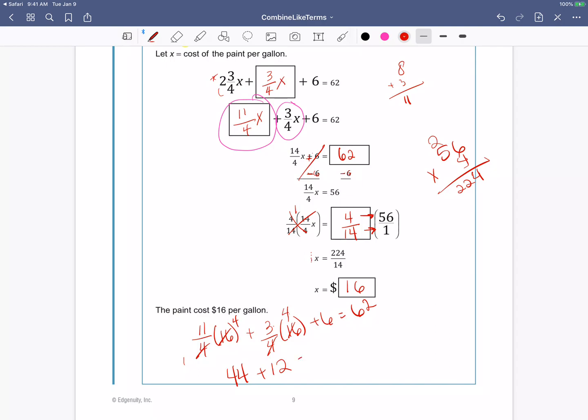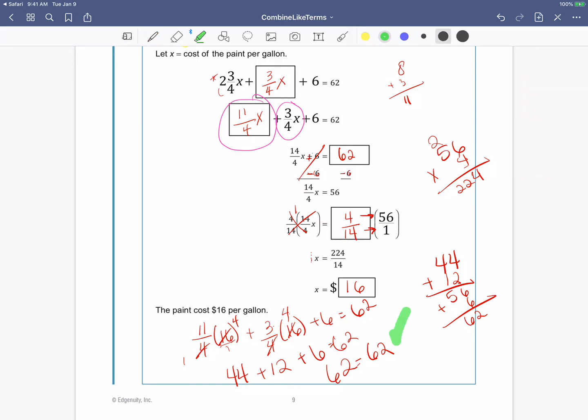If you guys remember and like to use this shortcut, that's what I'm doing. I'm just dividing 16 by 4 and getting through this a little faster. Okay, so 44 plus 12 is going to equal 56 plus another 6, and it's going to give me 62. So 62 equals 62, and that checks out, right?